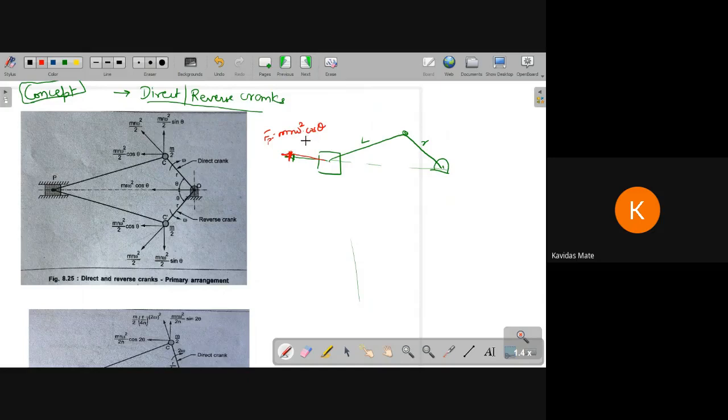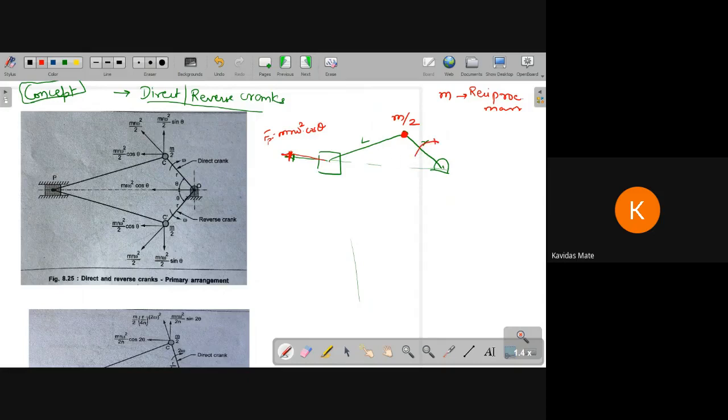Now to solve the radial engine problems for the balancing aspect, we say that this is a half engine, and the mass M is the reciprocating mass. So keep half of the reciprocating mass on the piston of one engine.